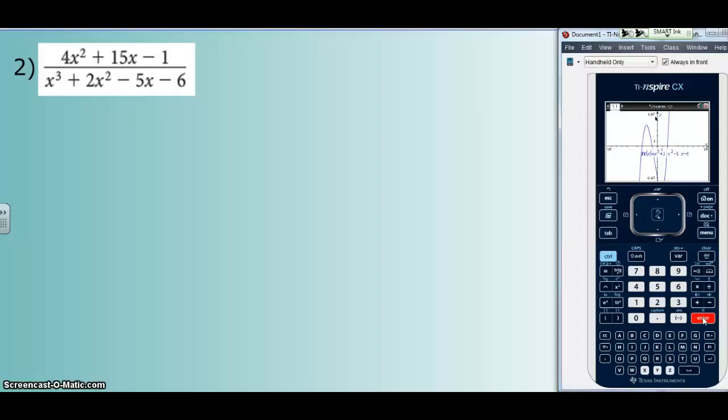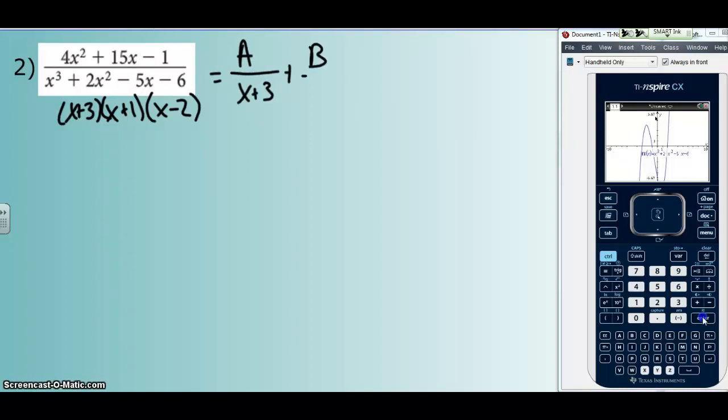So my factors are x plus 3, x plus 1, and x minus 2. So that's already factored for me. This one is going to have 3 roots, so I'm going to need an A, a B, and a C. So each factor gets a constant. Okay, so my common denominator is going to be all 3 of them.